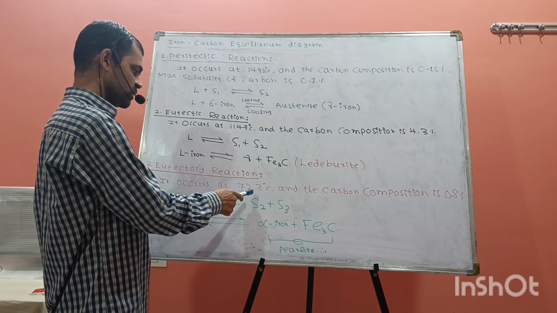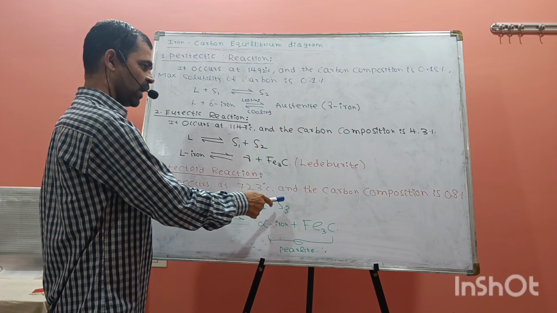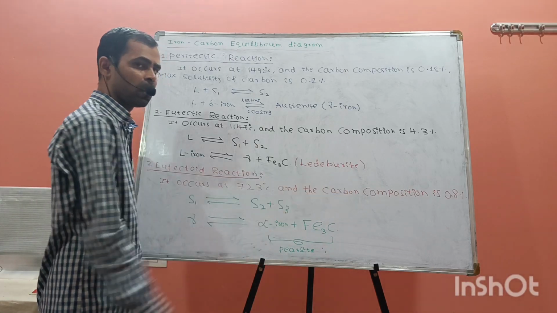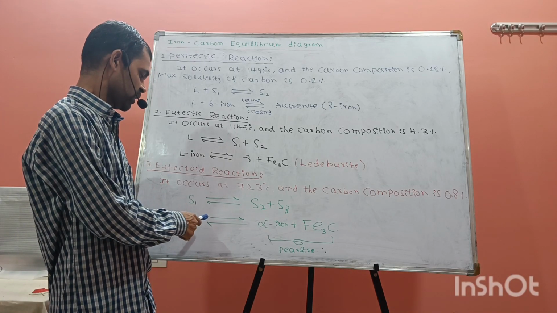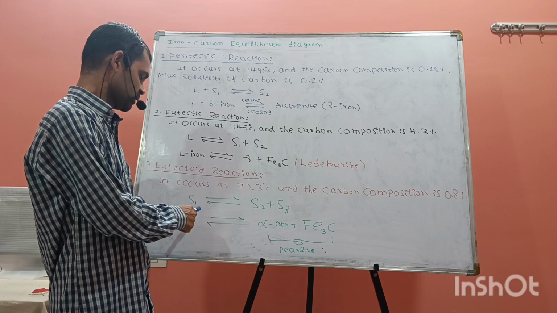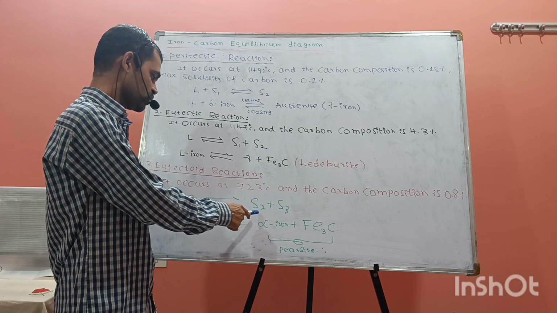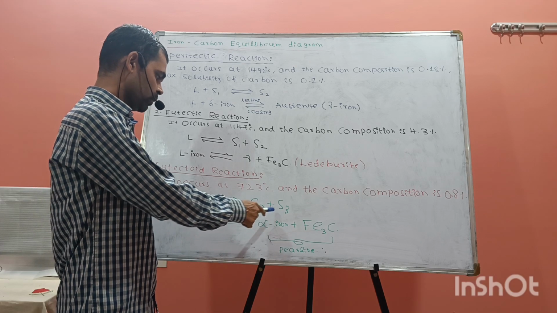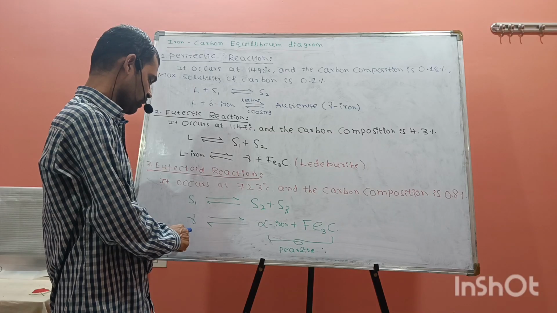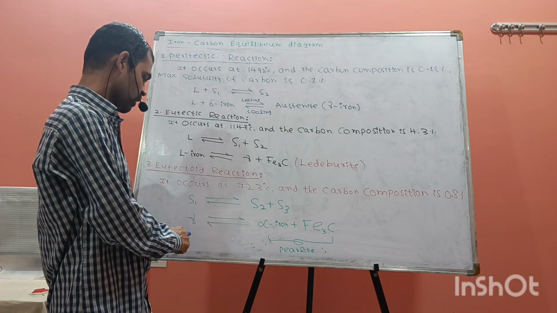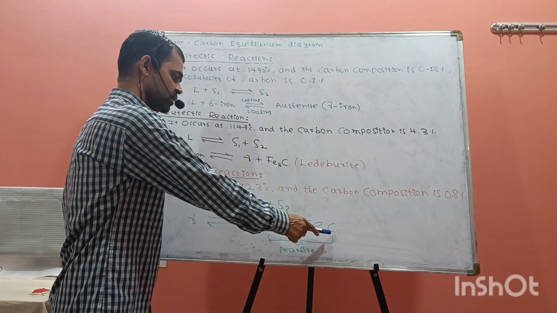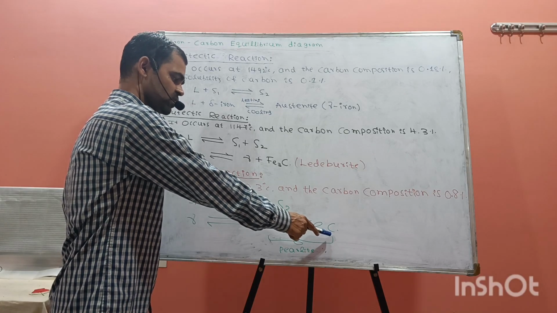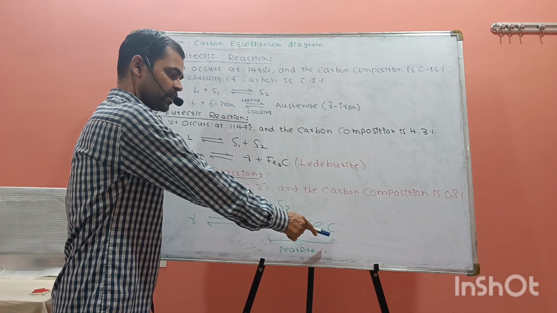And the next reaction is the eutectoid reaction. It occurs at 723 degrees Celsius and the carbon composition is 0.8 percent carbon. This is a decomposition reaction. In this, solid 1 decomposes into solid 2 plus solid 3. So gamma or austenite becomes alpha iron plus Fe3C, which is iron carbide or cementite.